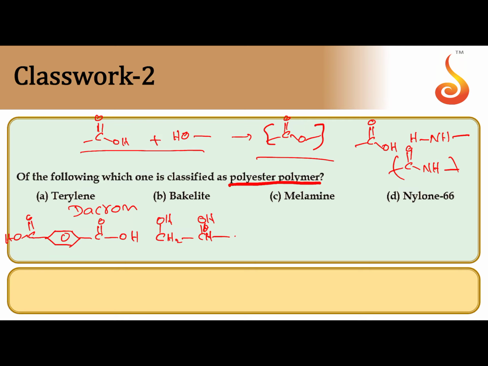At this time, what happens? OH and H both are removed as H2O. Then both get condensed by the formation of ester bond. So this is polyester. Bakelite, melamine and nylon 6 are amide polymers. So the answer is terylene.